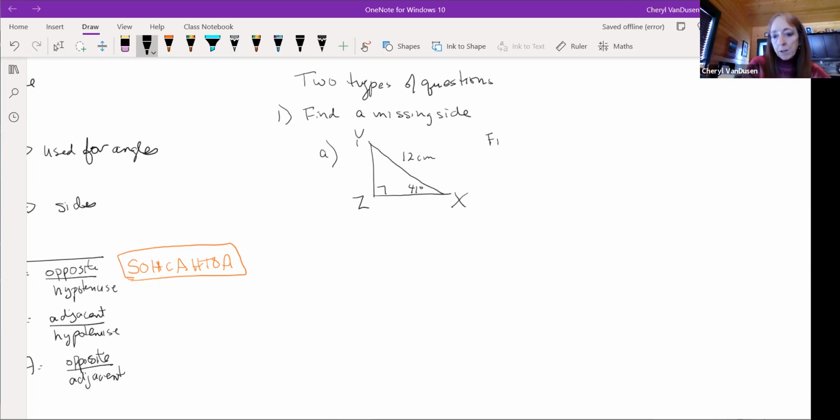Now we're going to be asked to find side X. So this guy over here, I'll change my pen color. There we are. This guy's the one we're trying to find. So take a minute, figure out which trig ratio, and see if you can write the statement. I'll just pause for a second and give you a chance to do that.